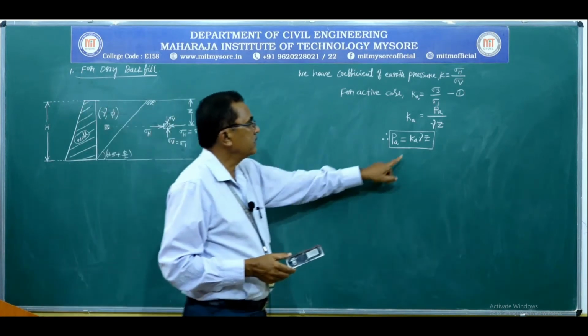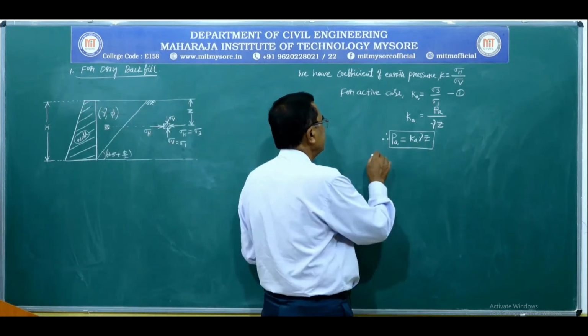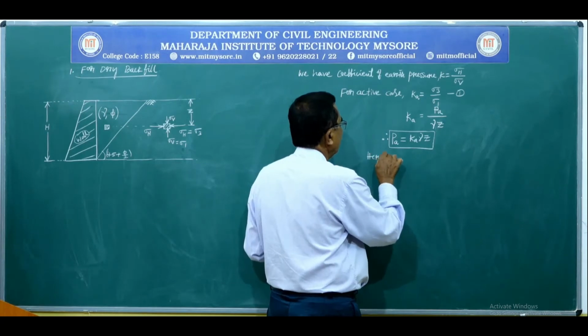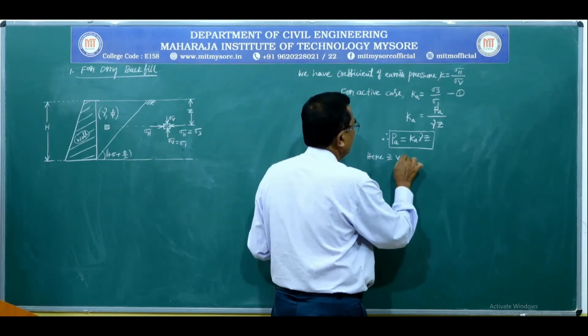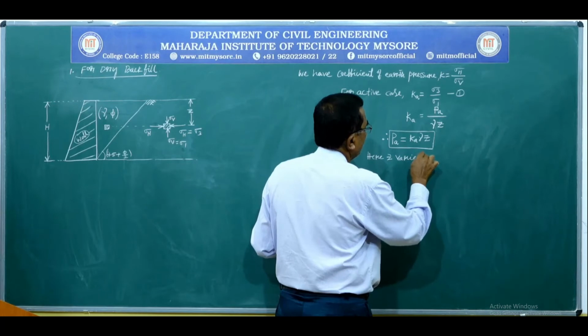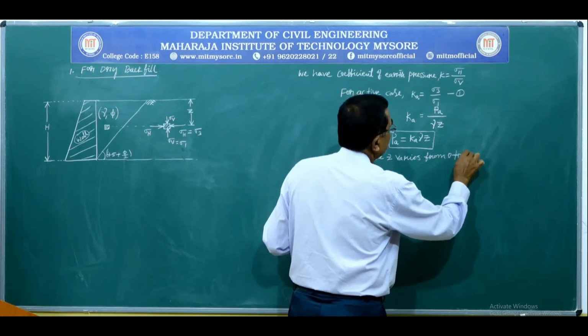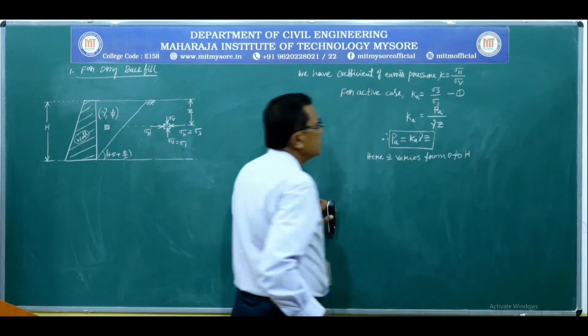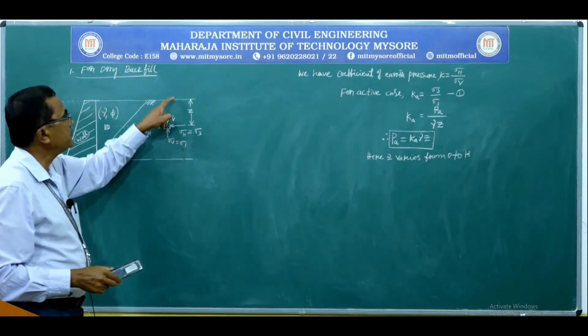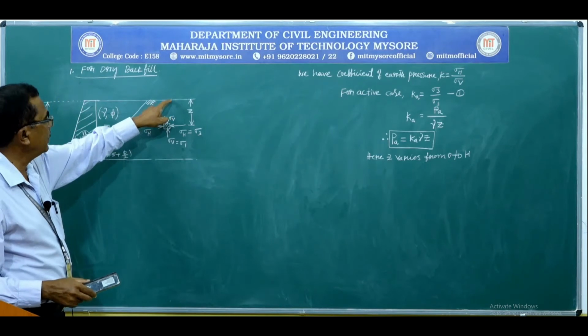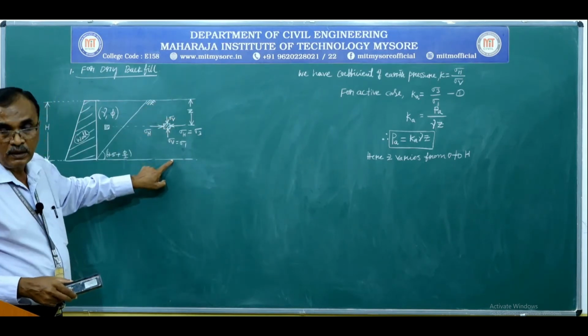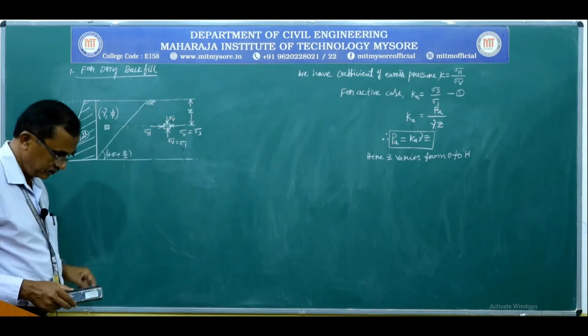And here Z varies from 0 to h, where h is the total depth or height of the wall.